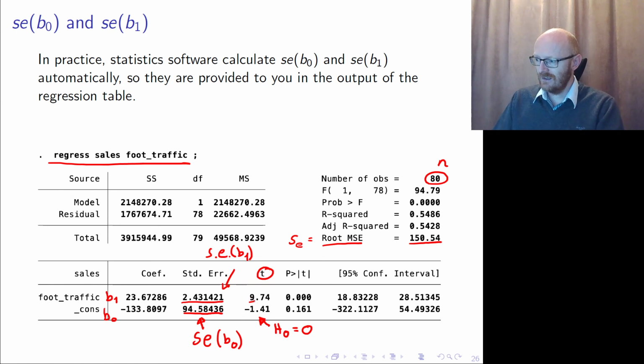So this is definitely statistically significant from 0, whereas the coefficient on the intercept is not, because it's only 1.4 away from 0. Okay.